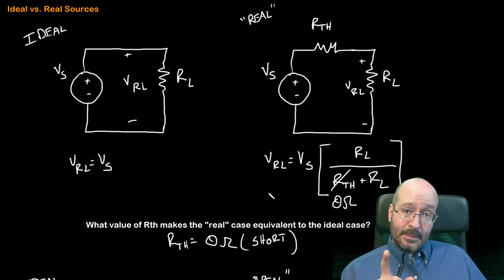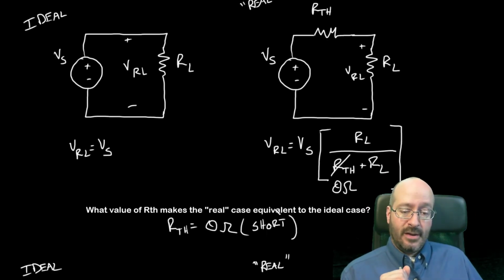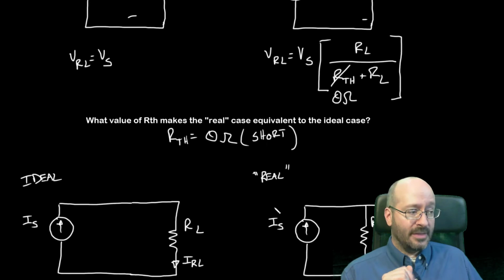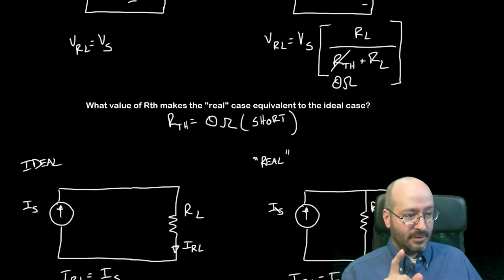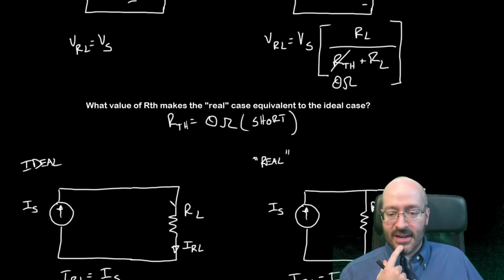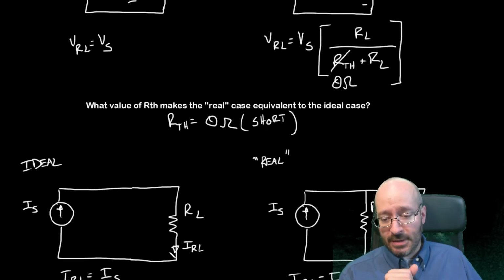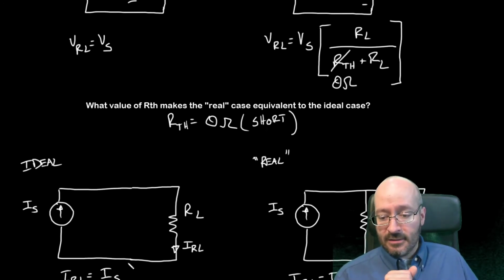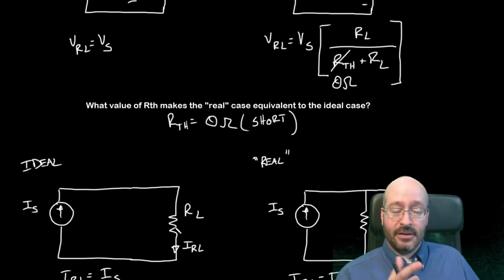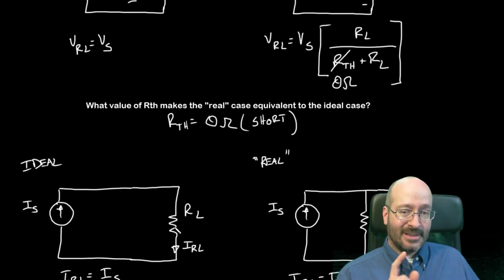We can play the same game with a current supply, thanks to Norton. Okay, so over here we have the ideal current supply. That ideal current supply is supplying power to this resistor. Now, it's connected in both series and parallel. What I'm interested in now is it's connected in series.